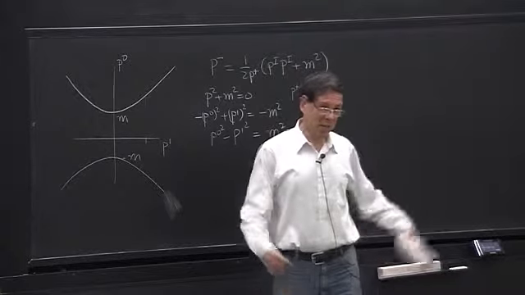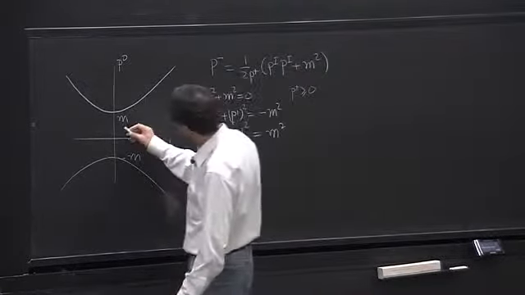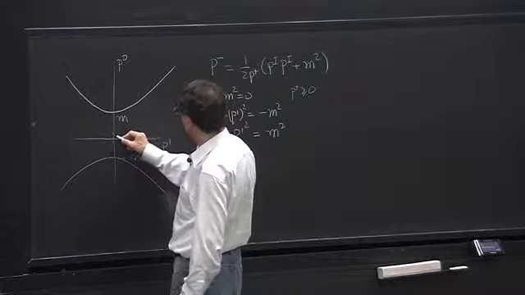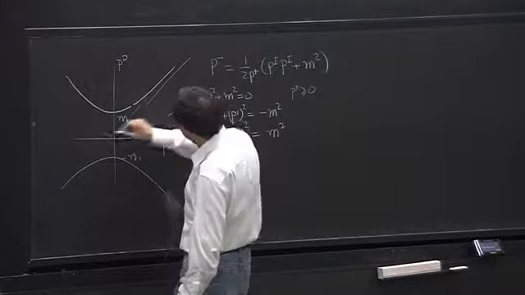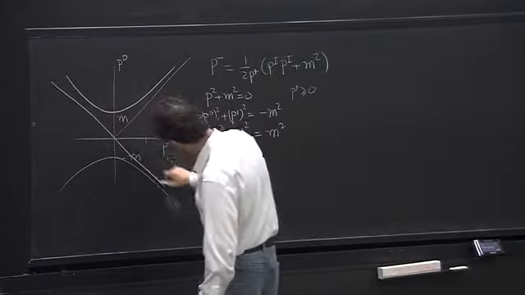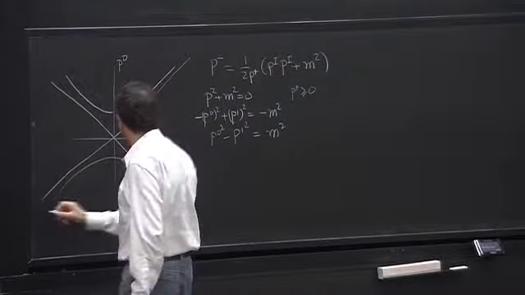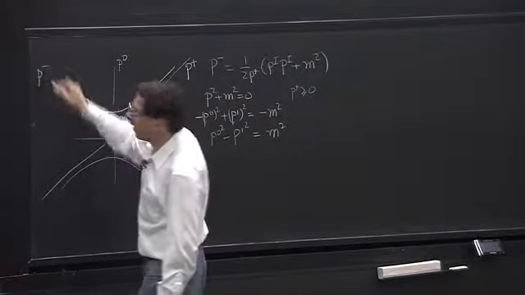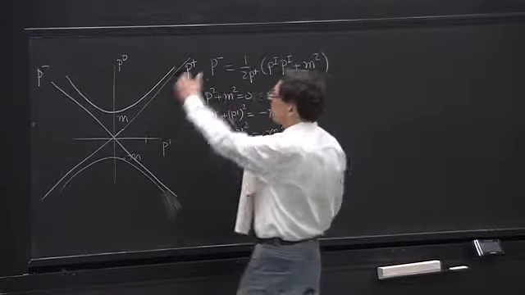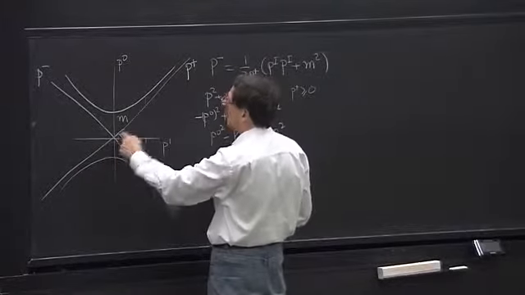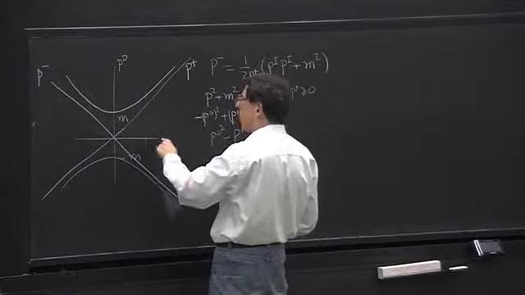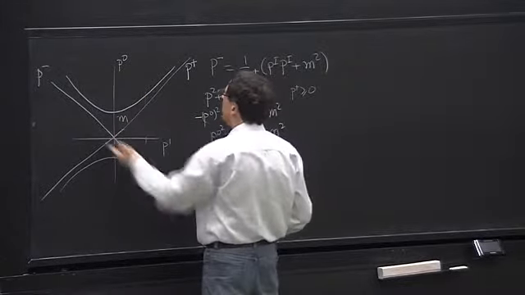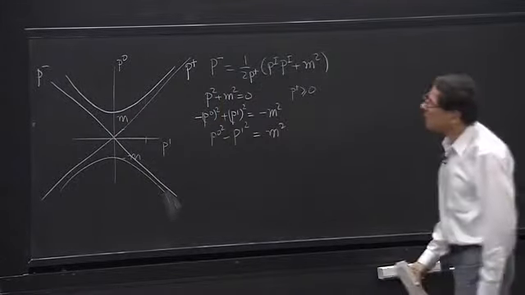And the answer is simpler than what you may think. Let's realize that this axis here is the P plus axis and this is the P minus axis. You see, this is P plus because on this line, P minus is 0. P1 is equal to P0, and this is the P minus axis.